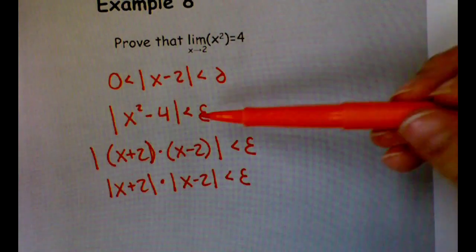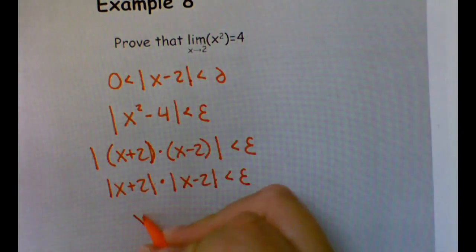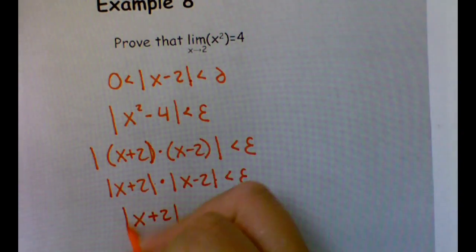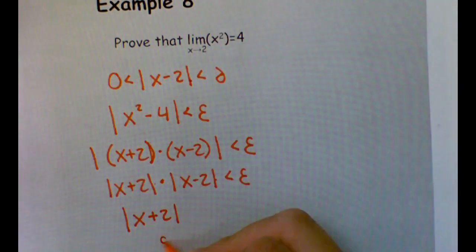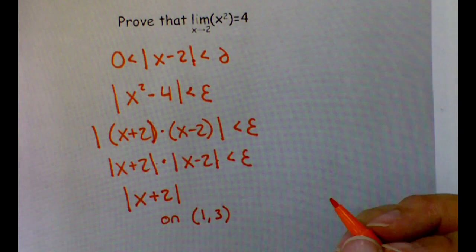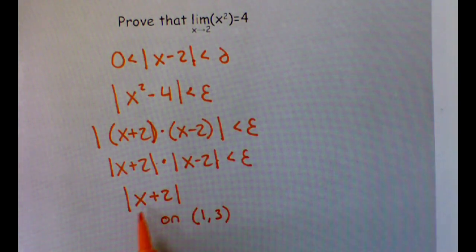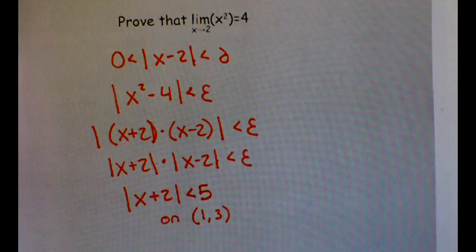I want to be left with the x minus 2. So let's think about the absolute value of x plus 2. We're looking at values that approach 2. So let's go on an interval 1 to 3, because 2 is in the middle of that. Well, between 1 and 3, the smallest this value gets is 3, and the biggest it gets is 5. So in the open interval, this value is going to be less than 5. Guaranteed, it's less than 5.